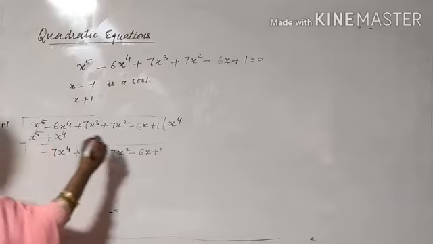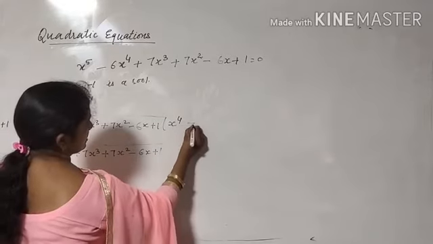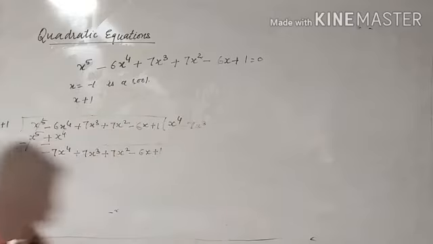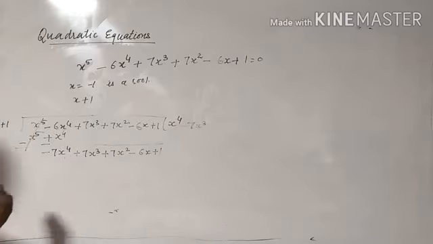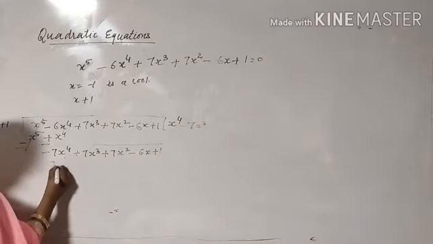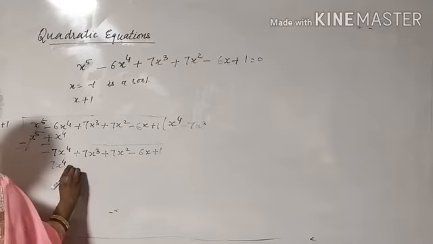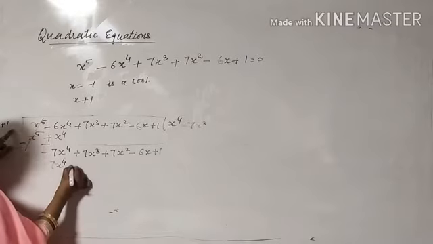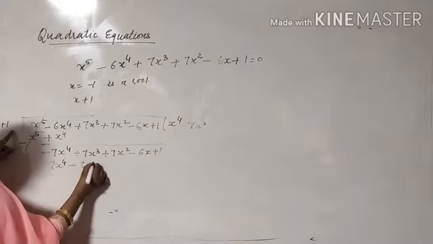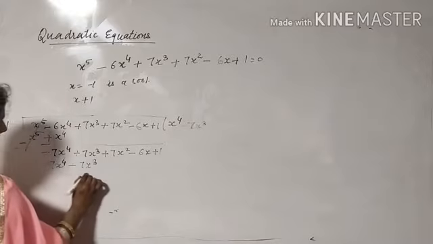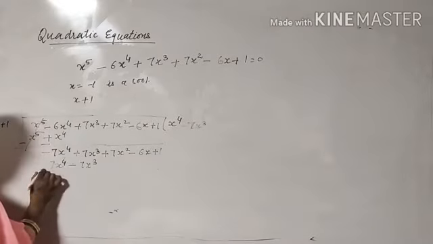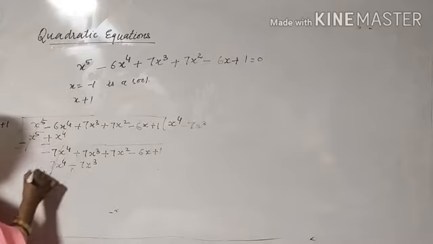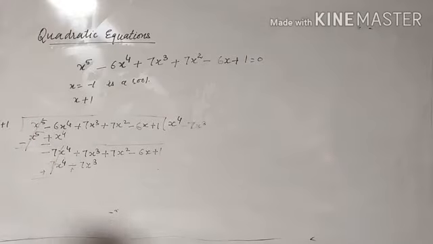Now multiply with -7x^3. It will be -7x^4 - 7x^3. Again subtract, plus and plus cancel.